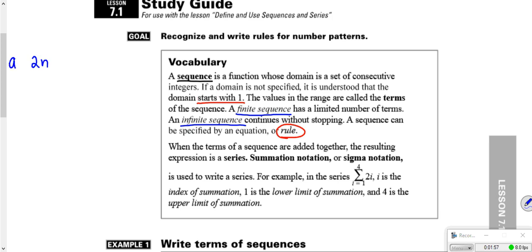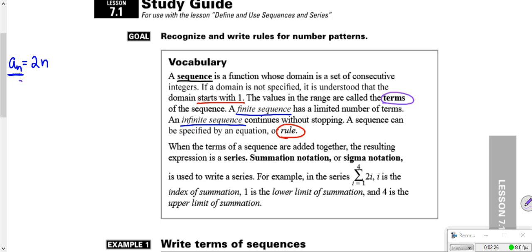Okay, so here's what we would say. We would say a sub n, this just is telling us for any term. Each individual piece or each individual number of a sequence is called a term. So for each term, we are taking the input and multiplying it by 2.